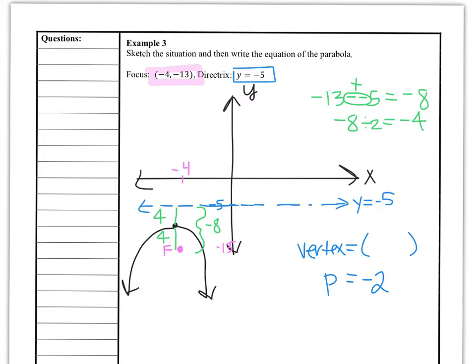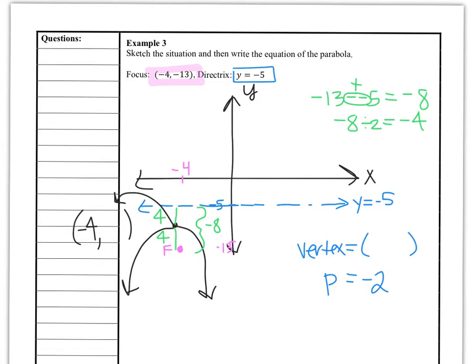Okay, and then we need to figure out what the vertex is by looking at what that actual point would be. From the origin, we're going to go left 4, down something, right? So we know our x value has to be negative 4, comma, and then we're going to go down to our directrix line, which is negative 5, and then go down 4 more.